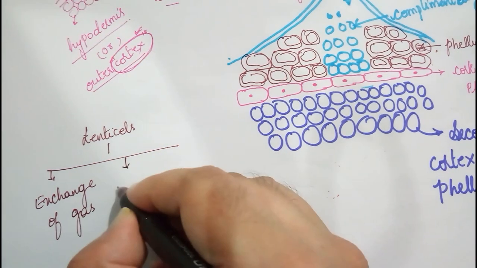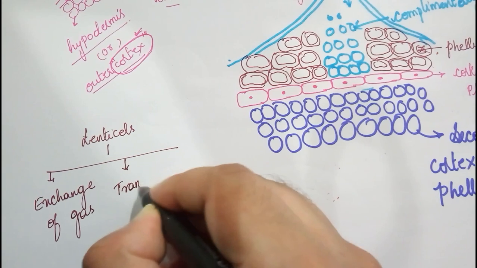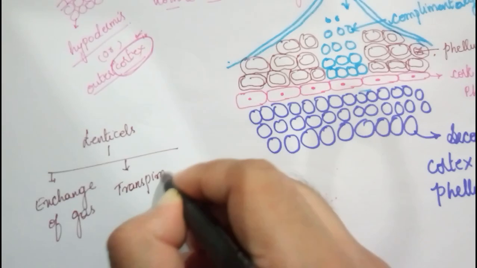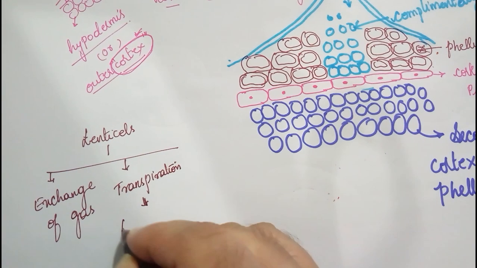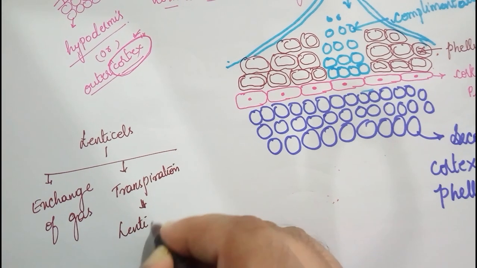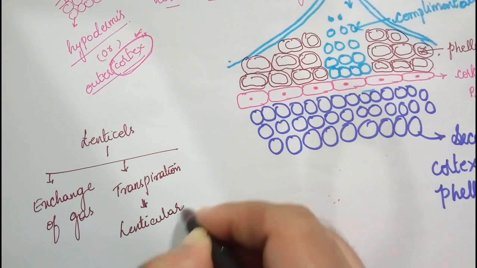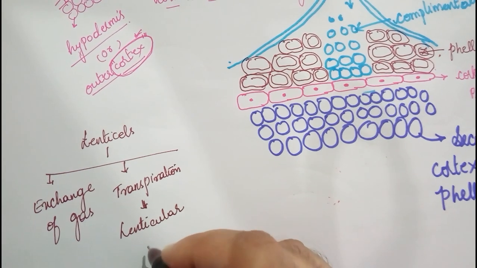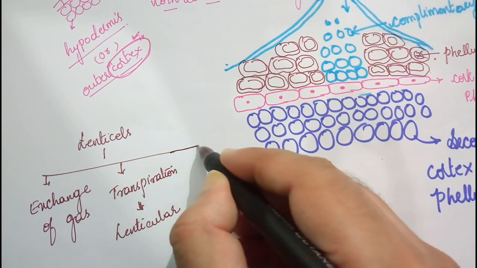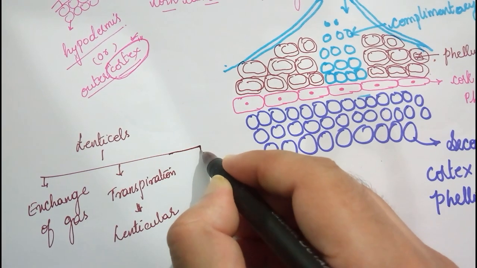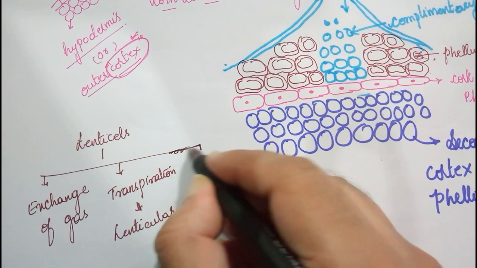These lenticels also show transpiration, and the transpiration shown by the lenticels is called lenticular transpiration. These two are the major functions.